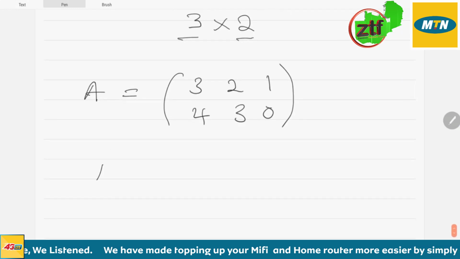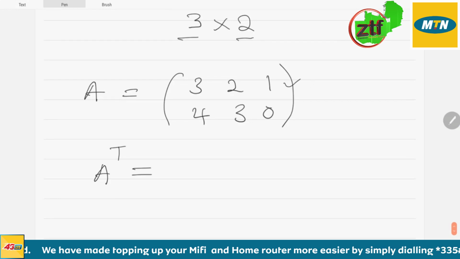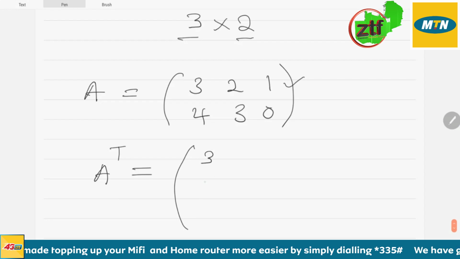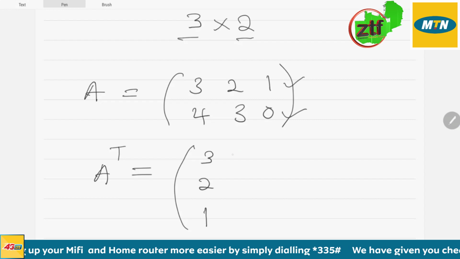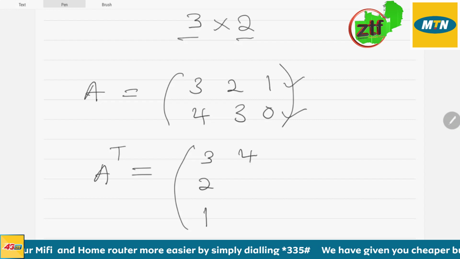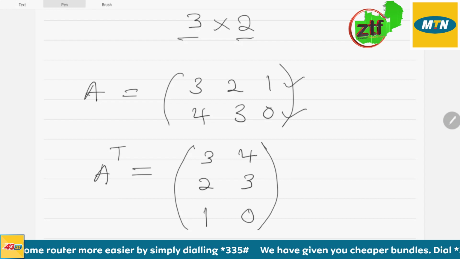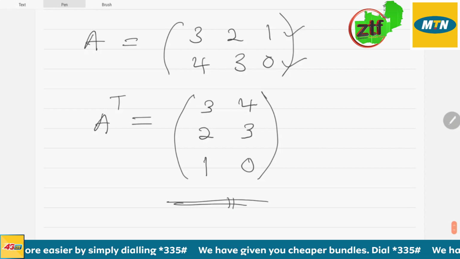Then the transpose of A will be given by the first row becoming the first column. So you have 3, 2, 1, and the second row will be the second column, which is 4, 3, and 0. So this is our A transpose matrix.